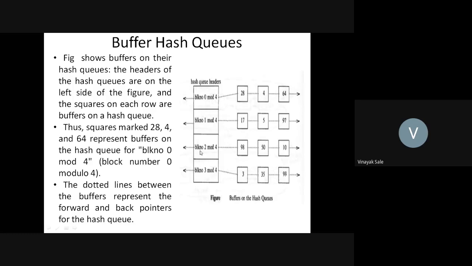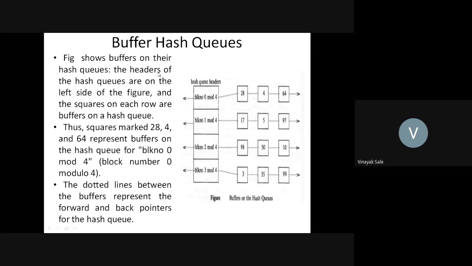This is block 2, which is a circular queue, with buffer 98, buffer number 50, buffer number 10. And this is block number 3, also a circular queue, which contains buffer number 3, buffer number 35, and buffer number 99.